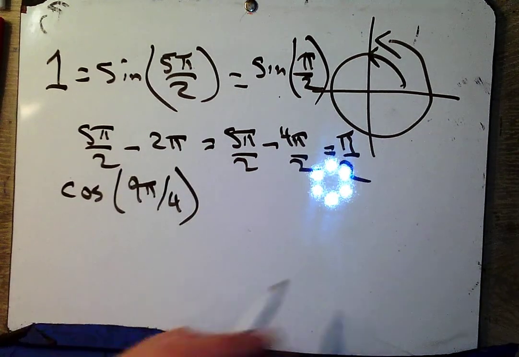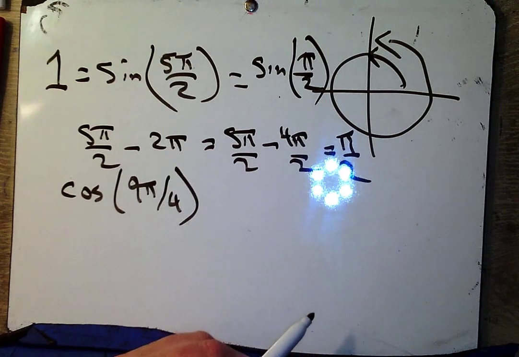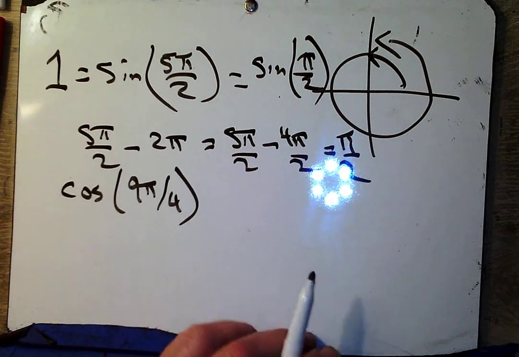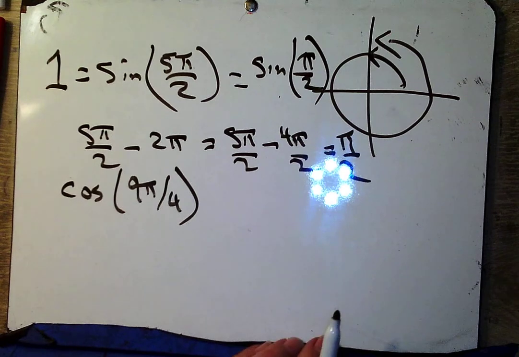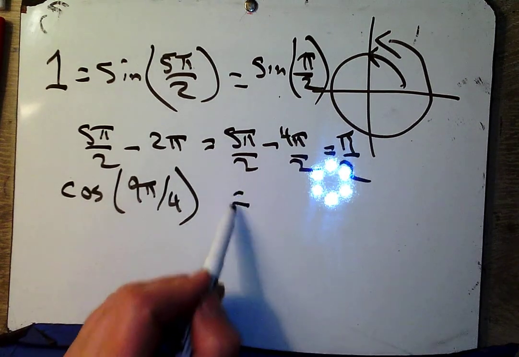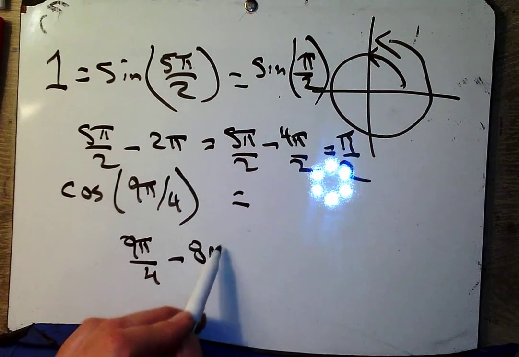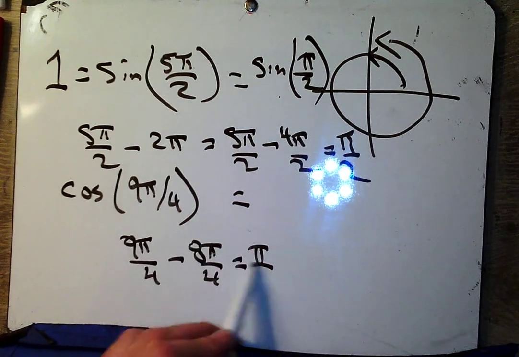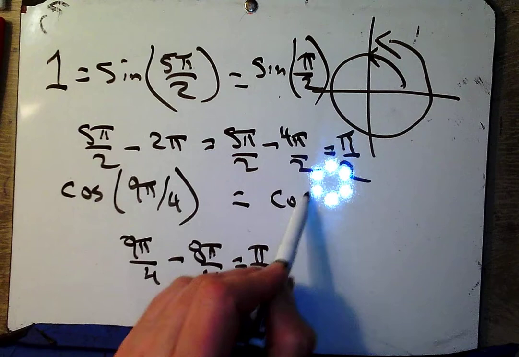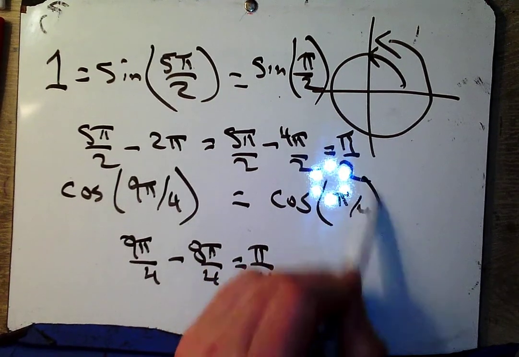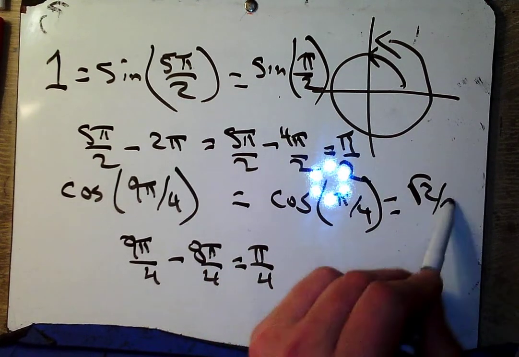Okay, how about the cosine of 9 pi over 4? What's the cosine of 9 pi over 4? Well, 9 pi over 4 minus 2 pi is pi over 4. And I know the cosine of pi over 4 is root 2 over 2.